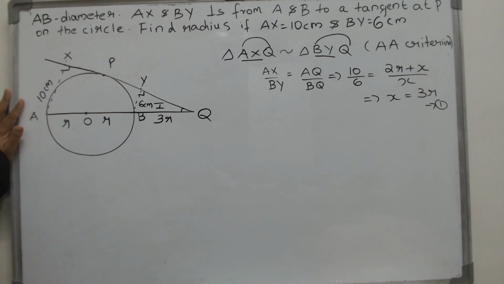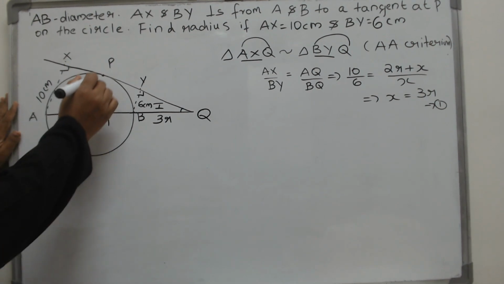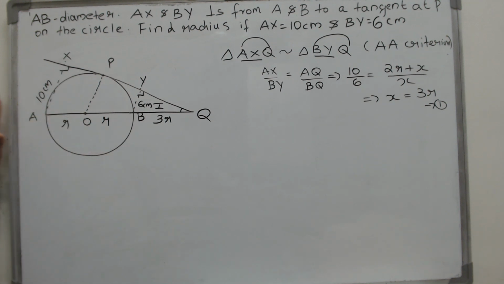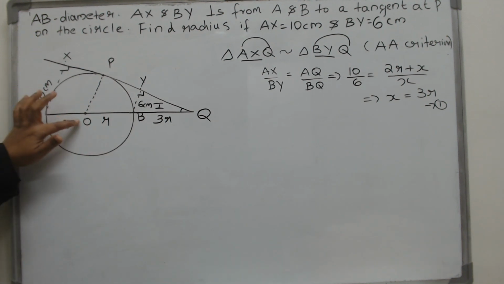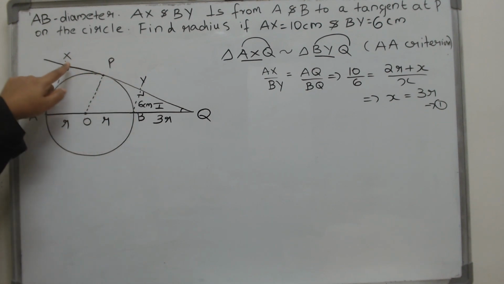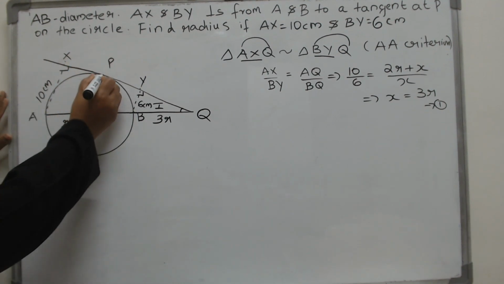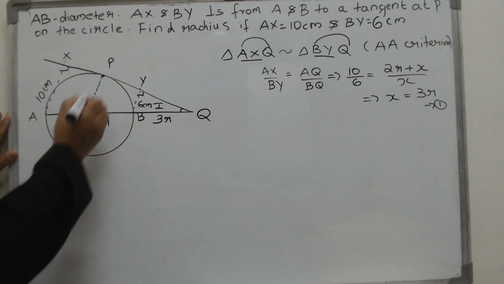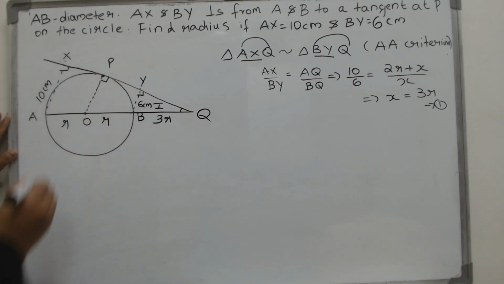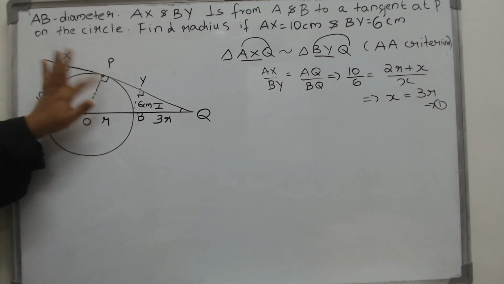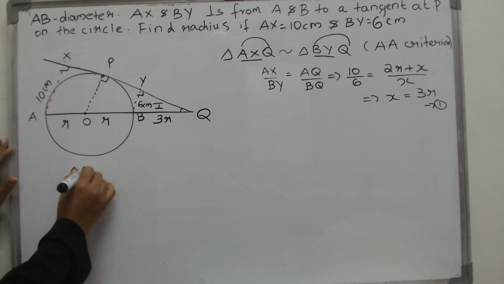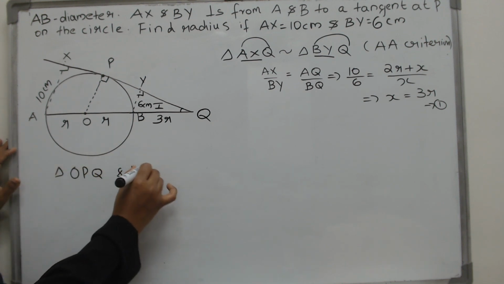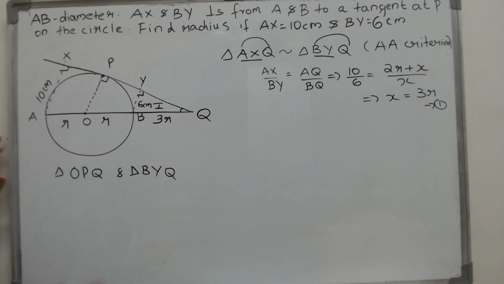What do we need to find? We need to find the radius, or in other words, we need to find OP. Now what do we know about the radius and the tangent? At the point of contact, the radius and the tangent are perpendicular to one another. That means you have a right angle here. Now consider the triangles OPQ and BYQ. What do you notice?